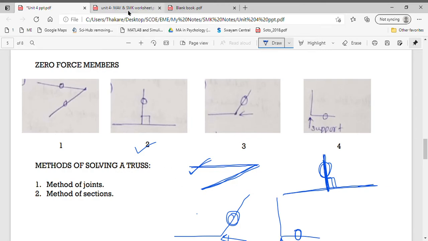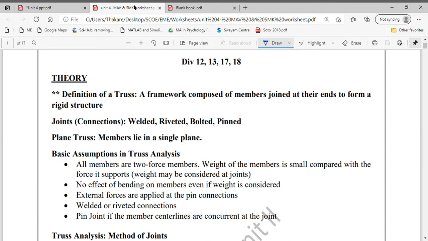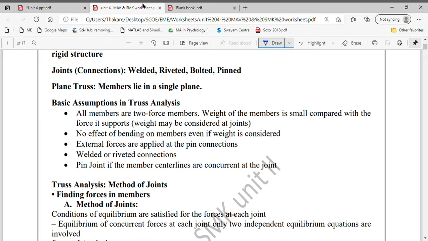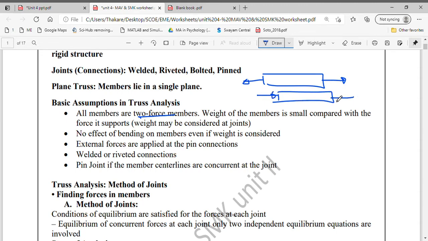Now let us discuss some basic assumptions that we need to make while solving a truss. The basic assumptions are: all members of a truss are two-force members. That is, they will either be in axial tension or in axial compression. While determining unknown member forces, we assume that all these forces are actually tensile forces.